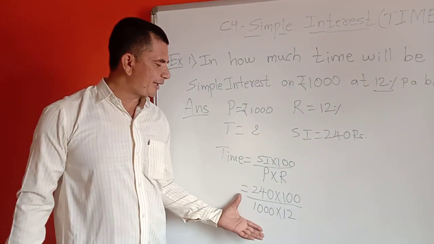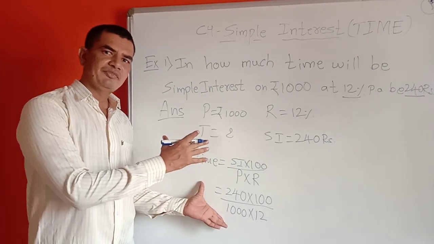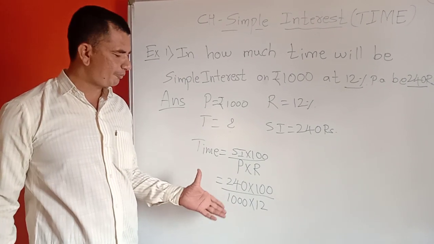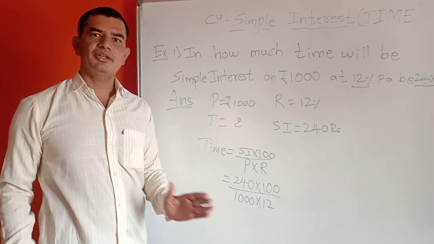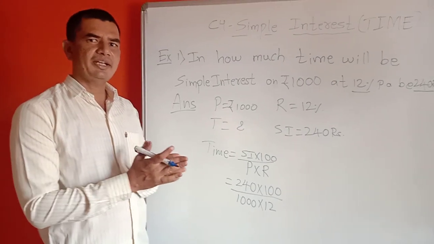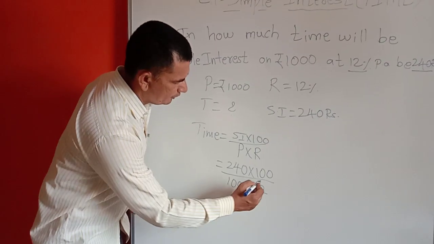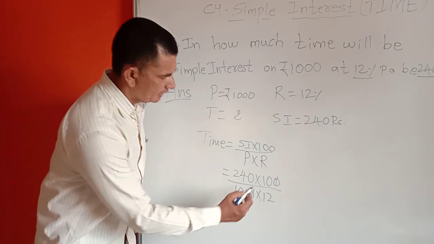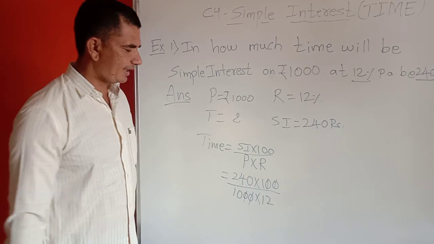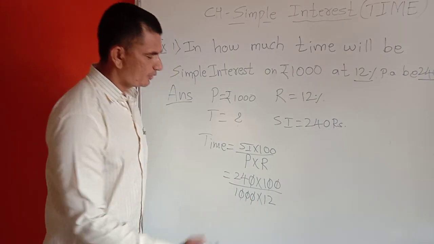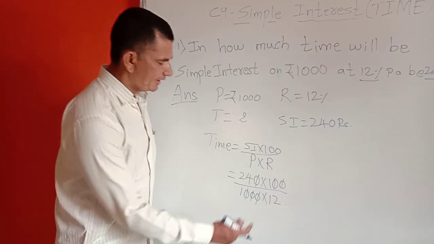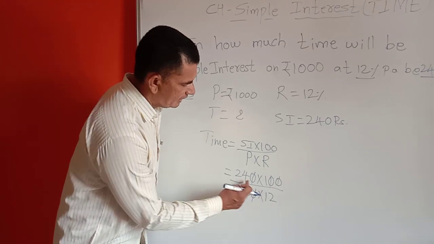Okay, students. Now very important is the cancellation. If zeros are there, you have to cancel the zeros so that it is easy. Here one zero we can cancel, one more zero we can cancel, so this zero we can cancel. See here, 12 remaining, here 24.